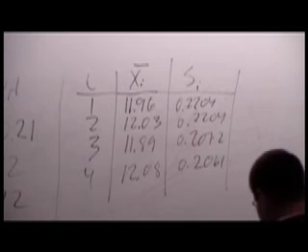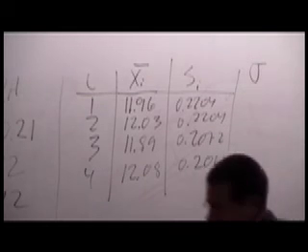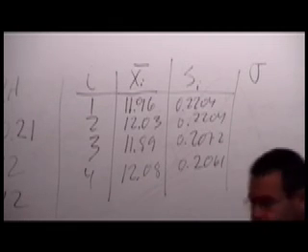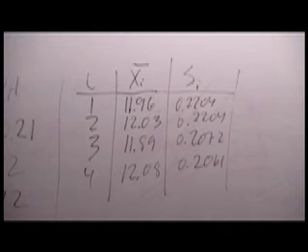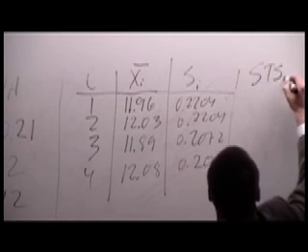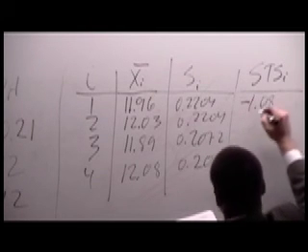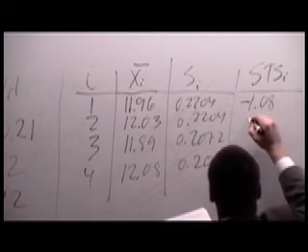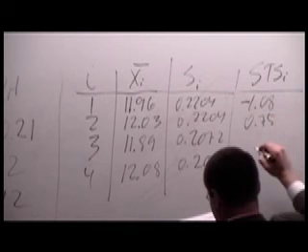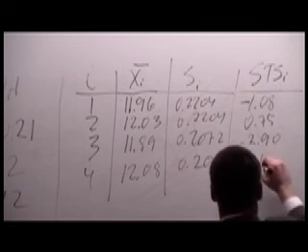We can then also calculate a standard error of the mean. It actually turns out to be the same in each case, so we won't bother. But we can calculate a standardized test statistic, which is minus 1.08, 0.75, minus 2.90, and 2.12.